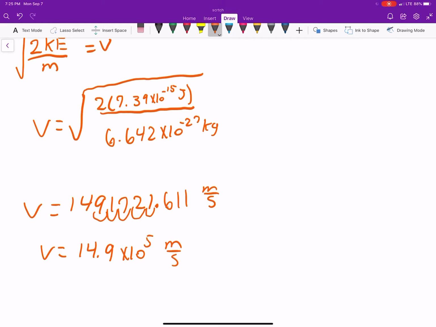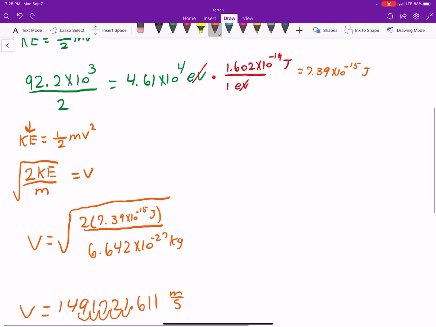So pretty fast, but that's more or less how we go.